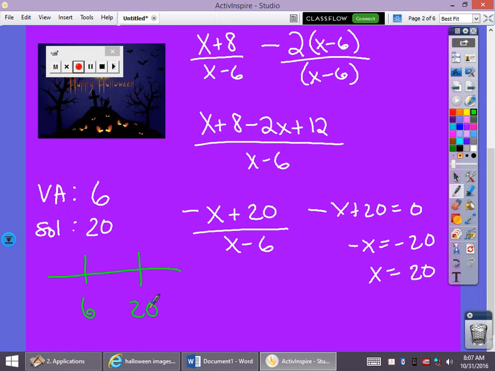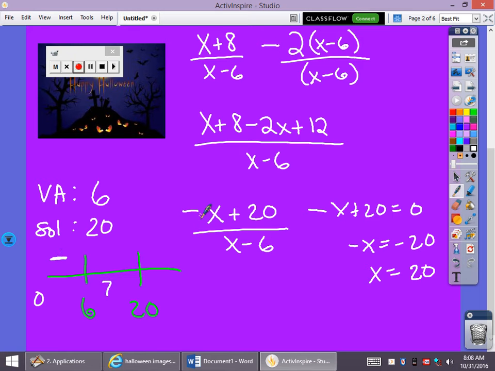Okay, give me a number less than 6. Easy, easy, 0. When I say easy, easy, it's always 0. Making life easy. Okay, so if I plug in 0, 0 plus 20 is positive. 0 minus 6 is a negative, so the answer is negative. Give me a number between 6 and 20. 7. Okay.